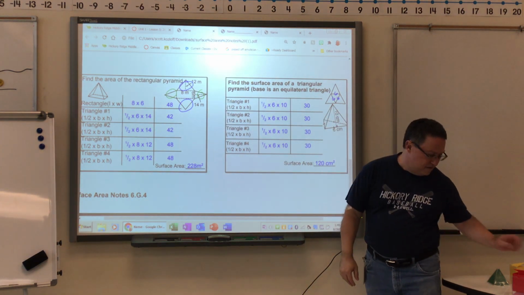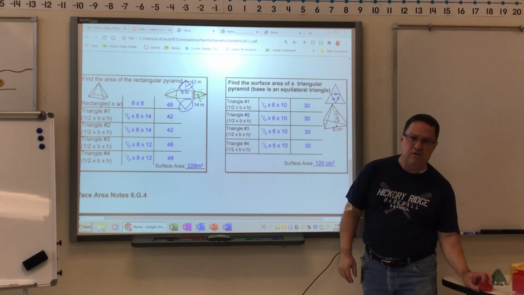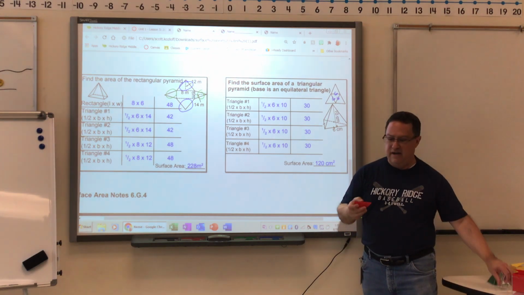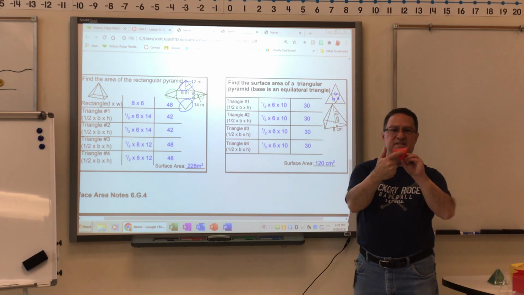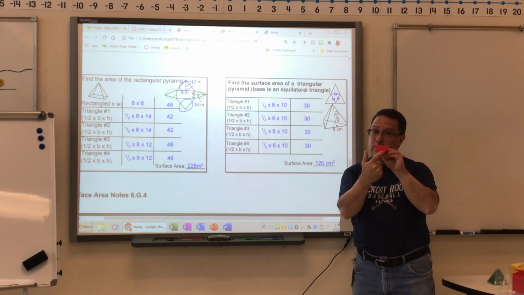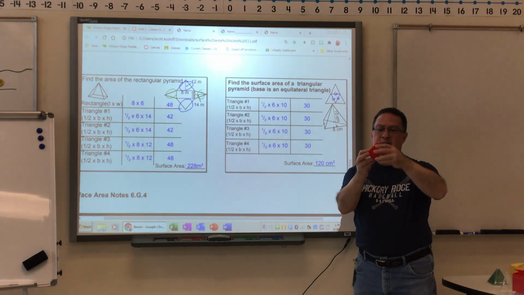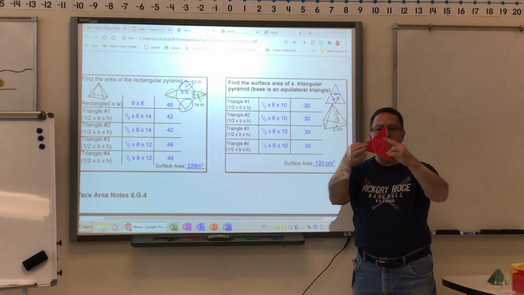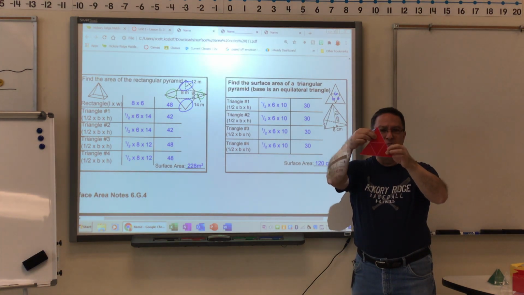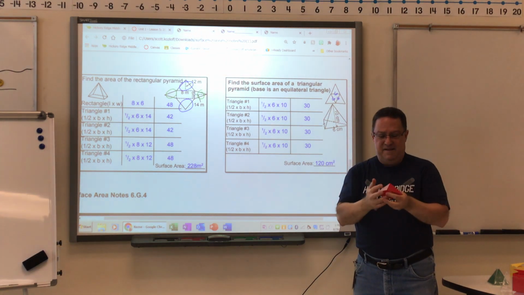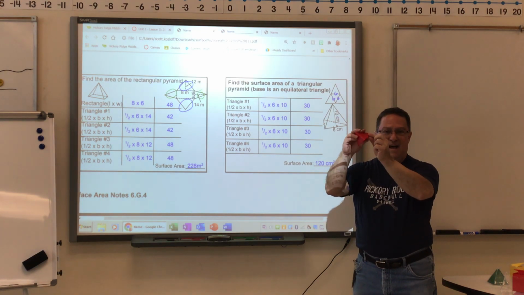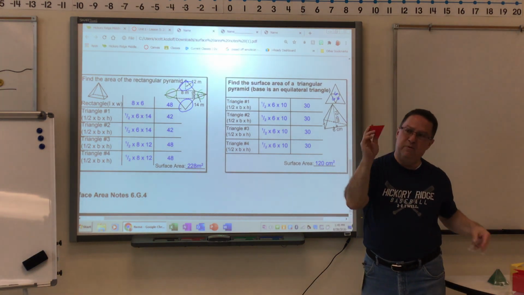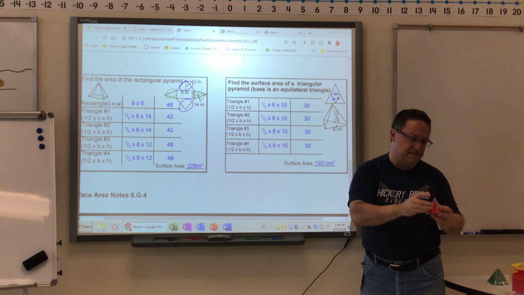Last but not least, I have a triangular pyramid. In a triangular pyramid, again, the base is a triangle, and we always name them by the base, which means there will be only 3, count them, 3 different triangles that meet at a point at the top. So that would be a triangular pyramid because there's only one base.